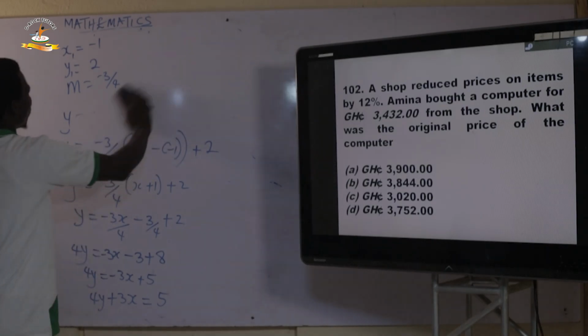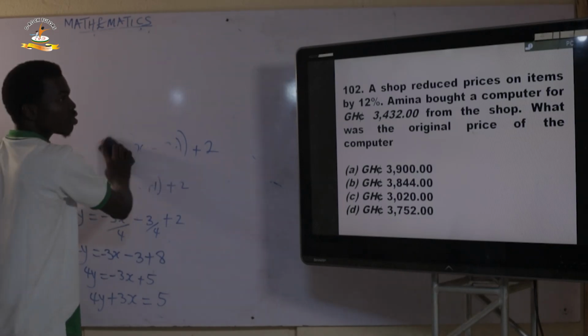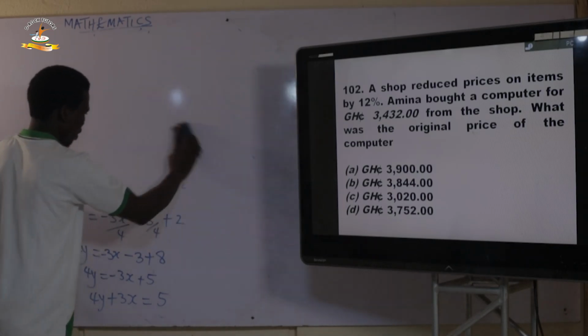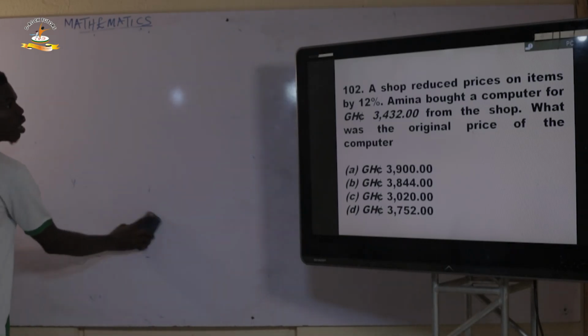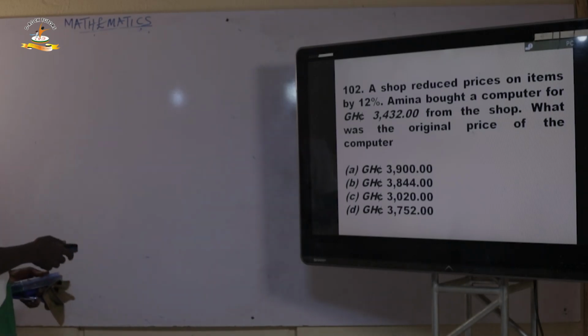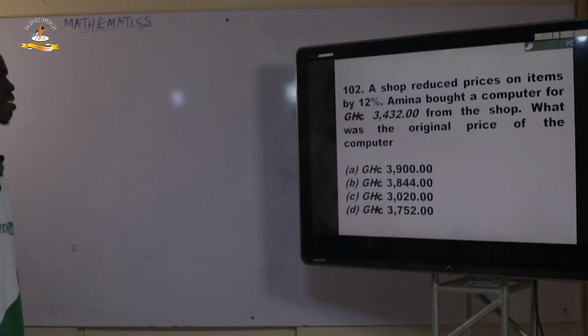All right, question 102. It says a shop reduced prices on items by 12%. Amina bought a computer for 3,432 Ghanaian cedis from this shop. What was the original price of the computer?